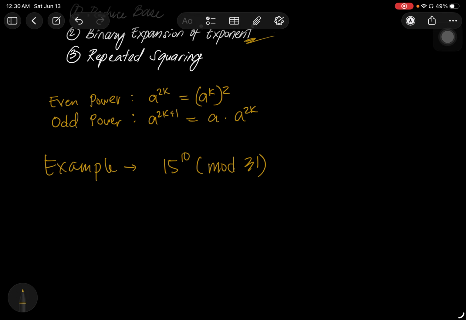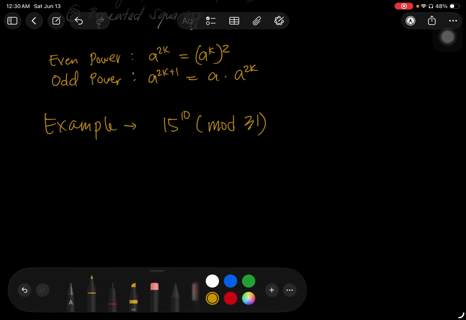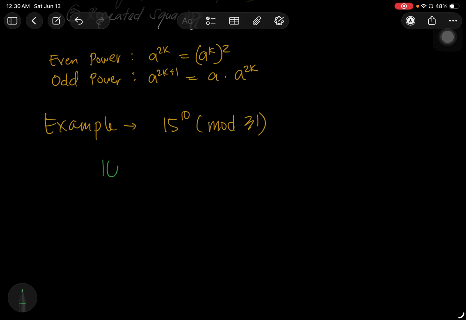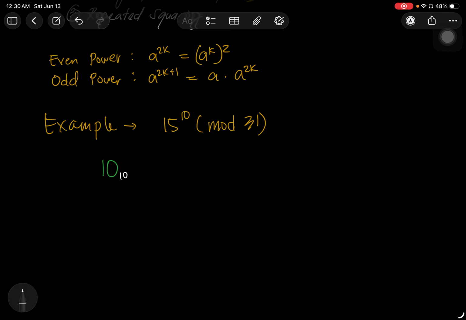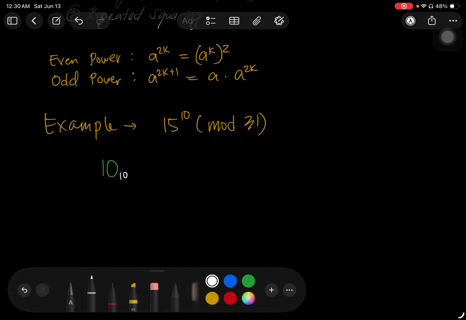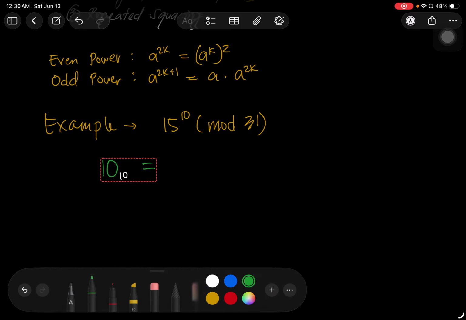For this one, let's first convert the exponent to binary. Our exponent is 10. Let me write the base, which is also 10, since we will be dealing with a different number system. Then let's convert this decimal to a binary number.